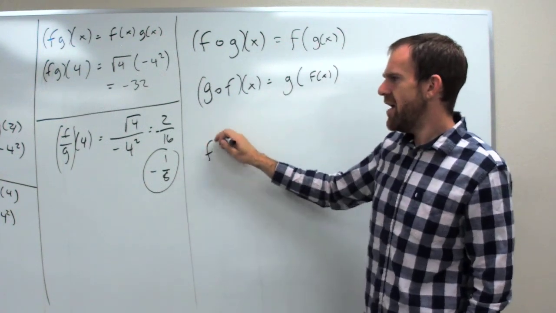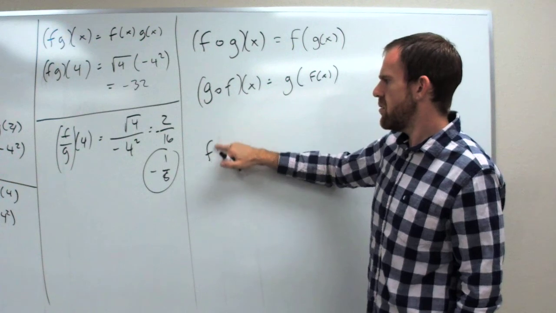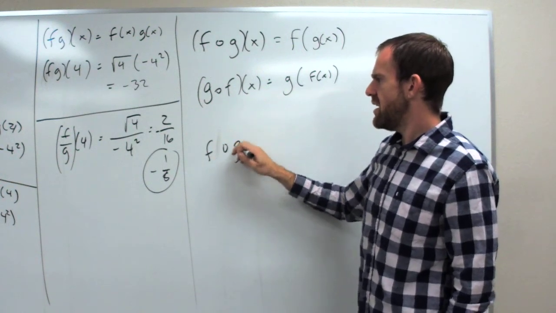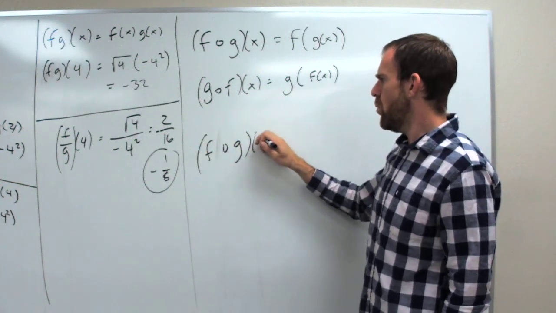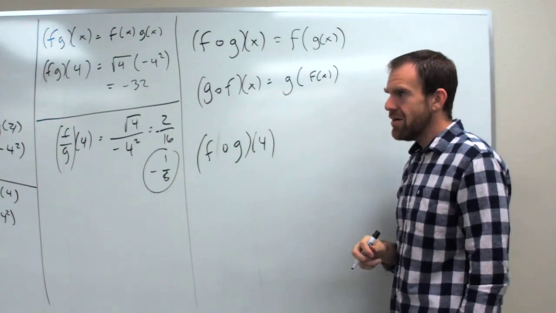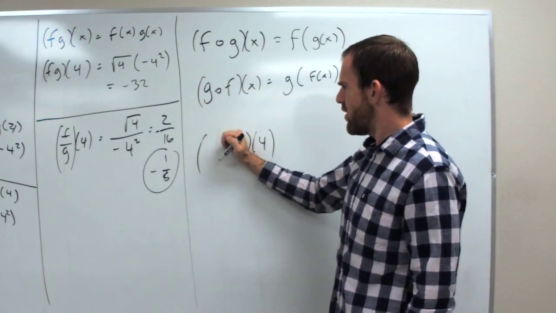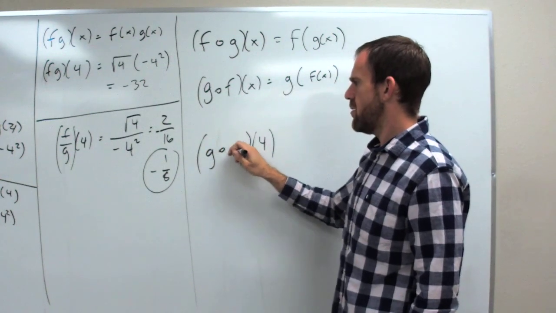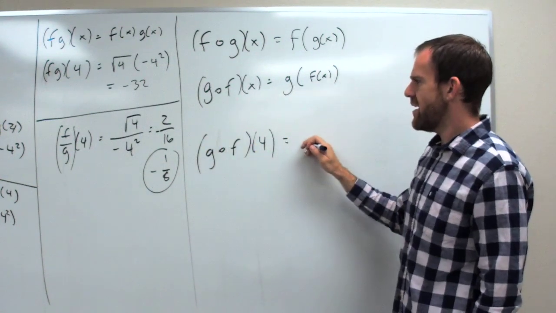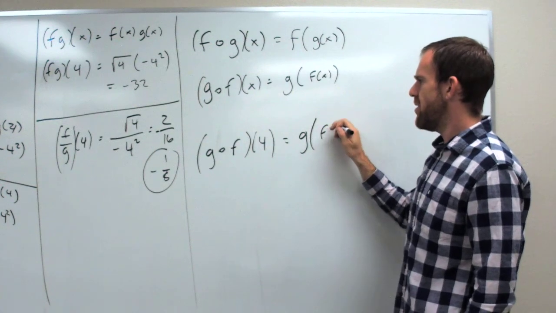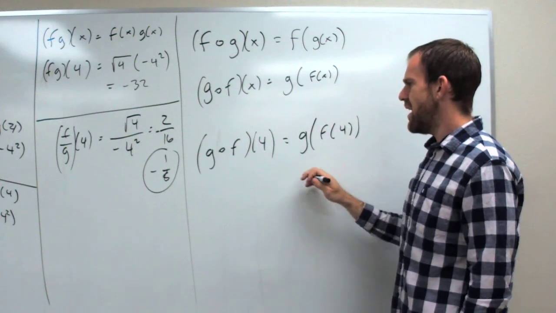So if I had f composite g of 4, actually, let's do g composite f so we don't break things. I would take g of f of 4. So what's f of 4?